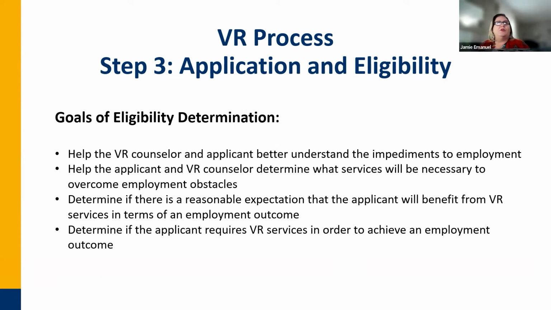You're also wanting to determine if there's a reasonable expectation that the applicant will benefit from VR services in terms of an employment outcome, and also to determine if the applicant requires VR services in order to achieve an employment outcome. So these are all goals of eligibility, because once you determine the eligibility, you're pretty much writing out the IPE information that you're going to need. So these are all reasons that you want to make these determinations.